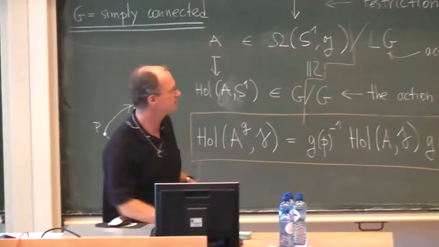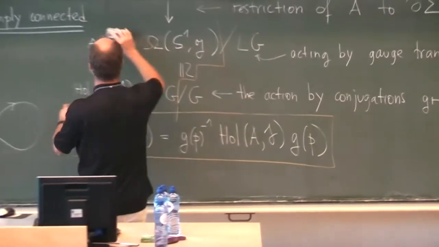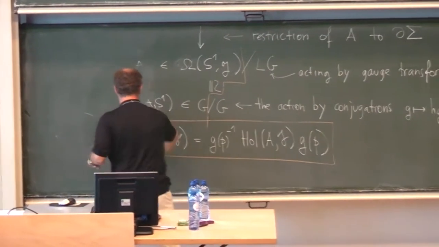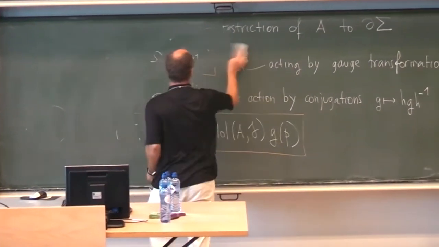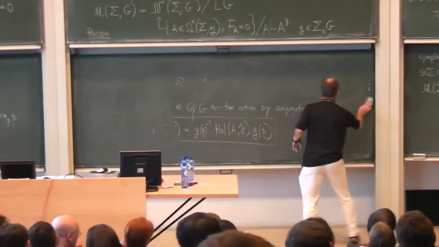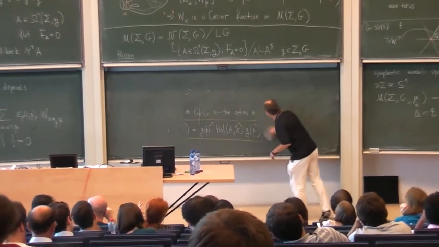So these are symplectic moduli spaces when you have one boundary component. Perhaps let me also say how it's going to look when you have many boundary components.